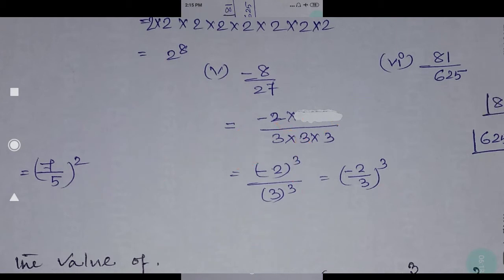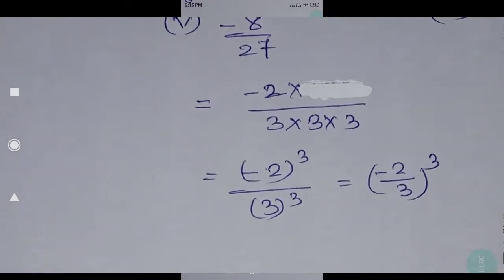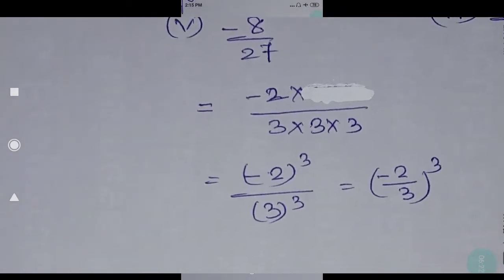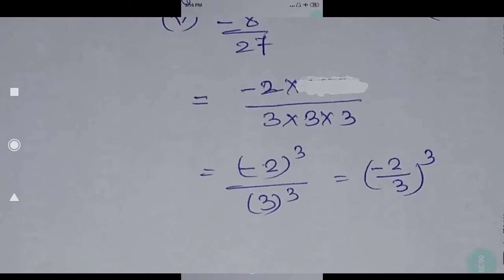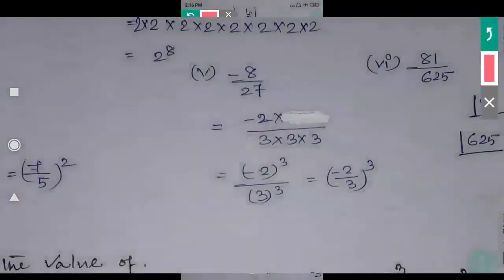Yes. So here I have written minus 2 cube. See, the numerator minus 2 cube is there. After that 27 is given. So this 27 also I can write as 3 into 3 into 3. Now see here, both the numerator and denominator have power 3. So if I write minus 2 cube, then denominator 3 cube is there.